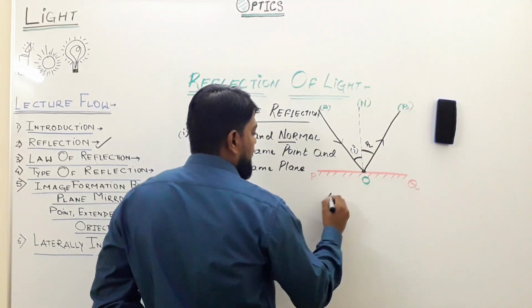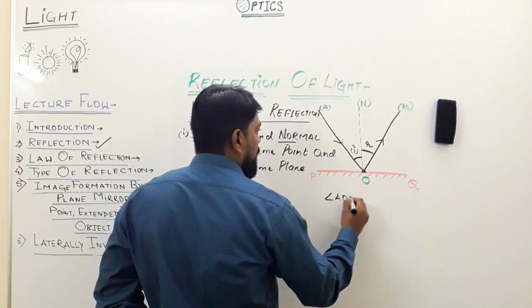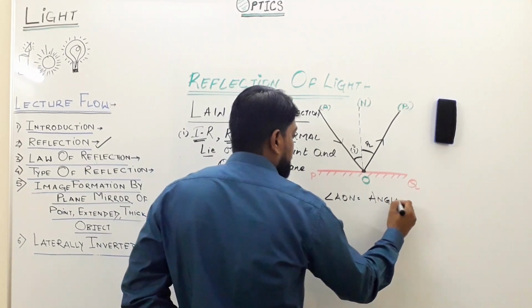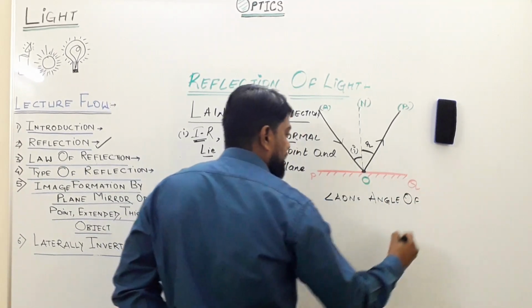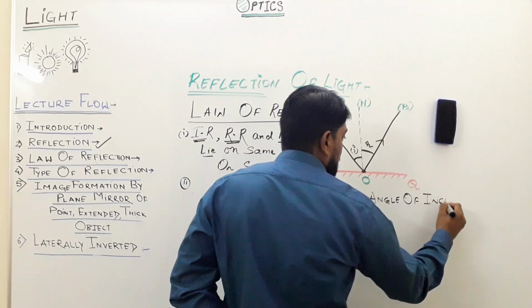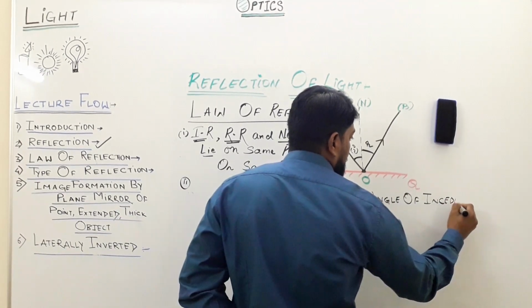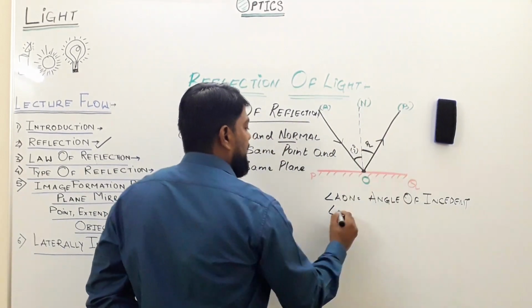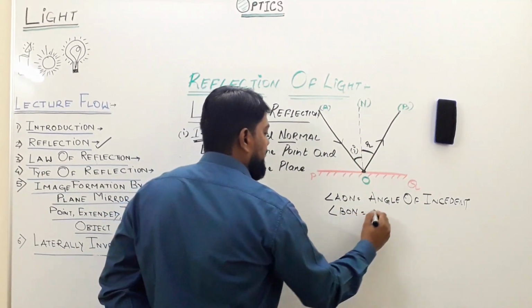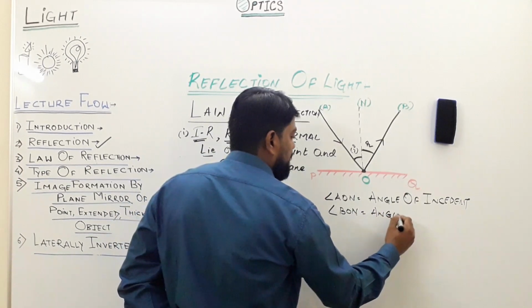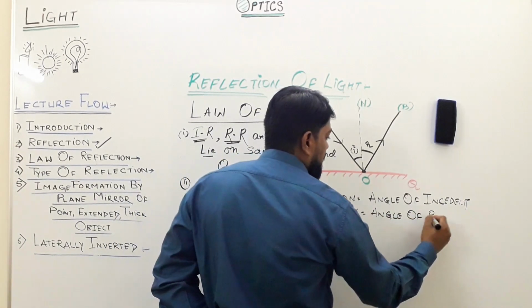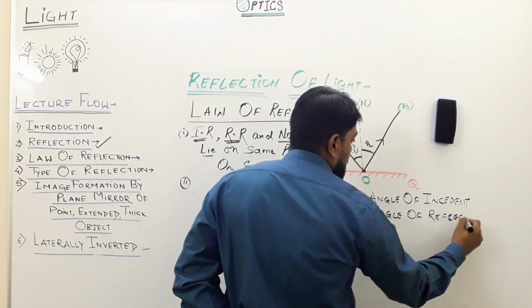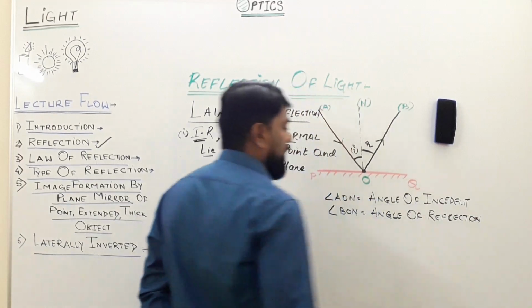So angle AON is known as the angle of incidence, and angle BON is known as the angle of reflection.